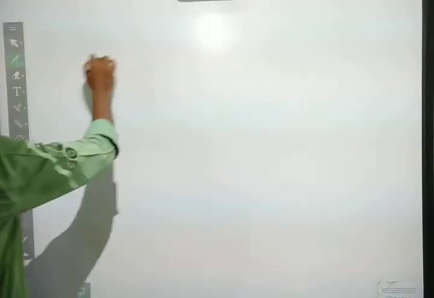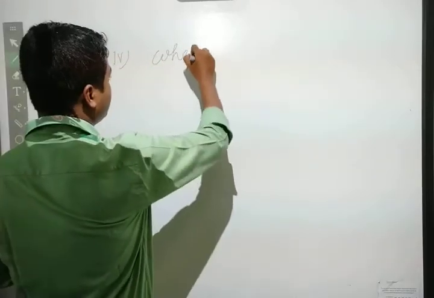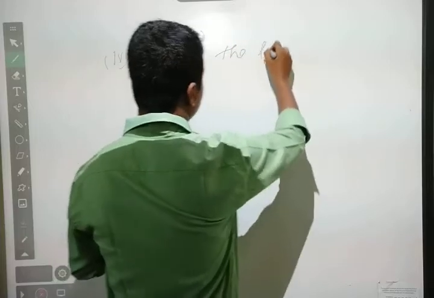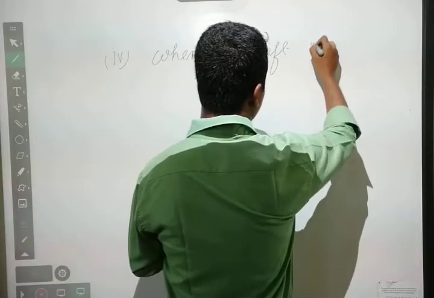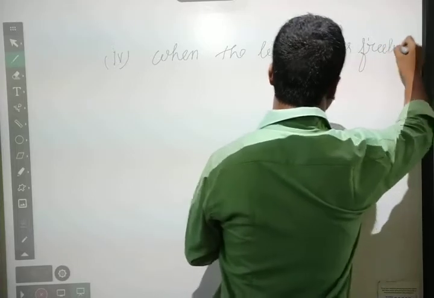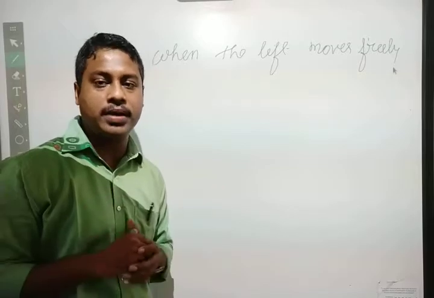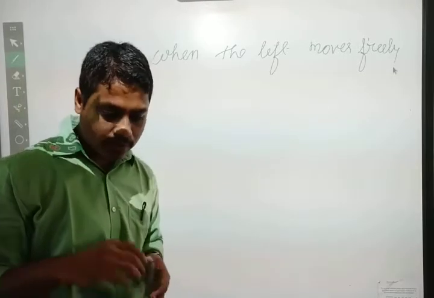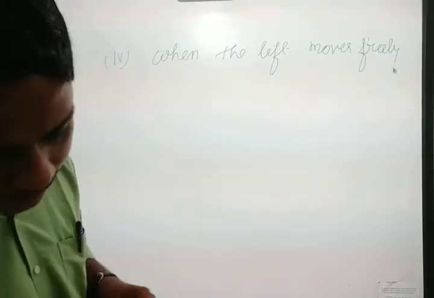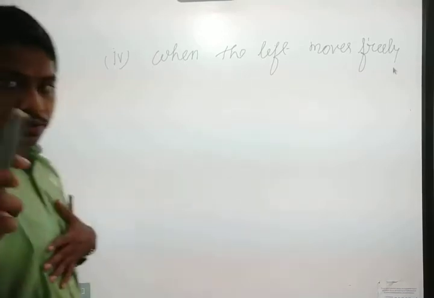Our question number 4 is, when the lift moves freely, that means when I cut the cable of the lift. So when you cut the cable, what will happen to the value of your reaction force?